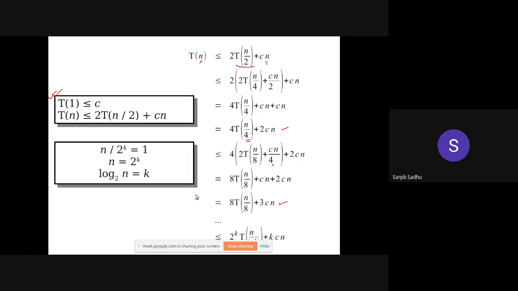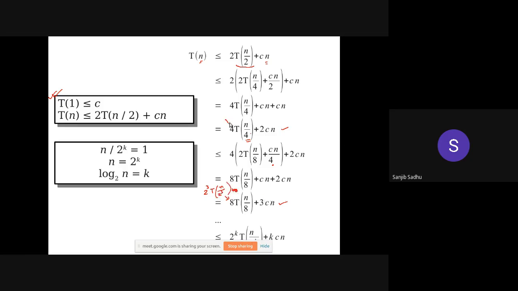So in this case, basically, 8 can be written as 2 to the power 3. Similarly, T(n/2^3) plus 3 into Cn.